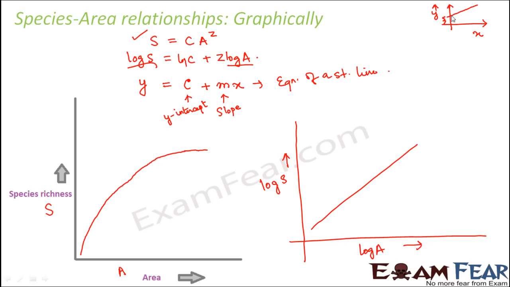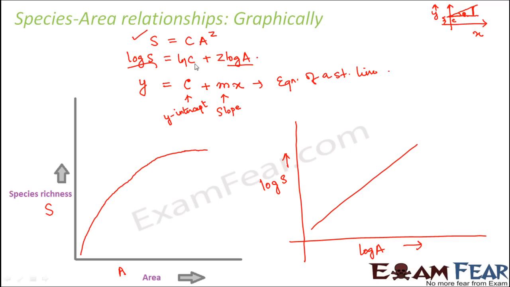This line passes through the y-axis at this point, so this value is c. This is known as the value of the y-intercept. And what is the slope of the line? The slope of this line will be given by tan theta, which is nothing but this value by this value, right? So this is about the slope and the y-intercept.